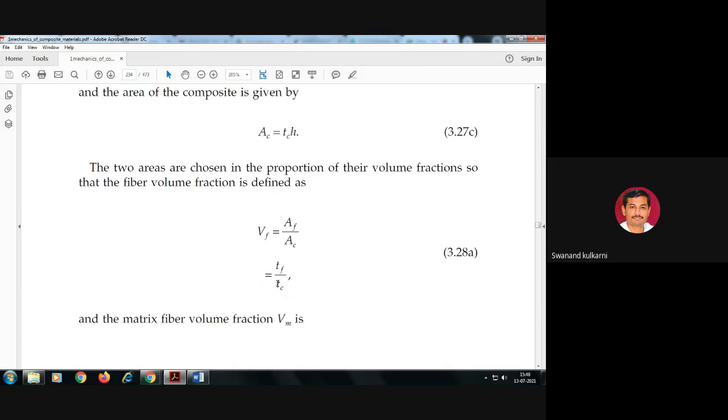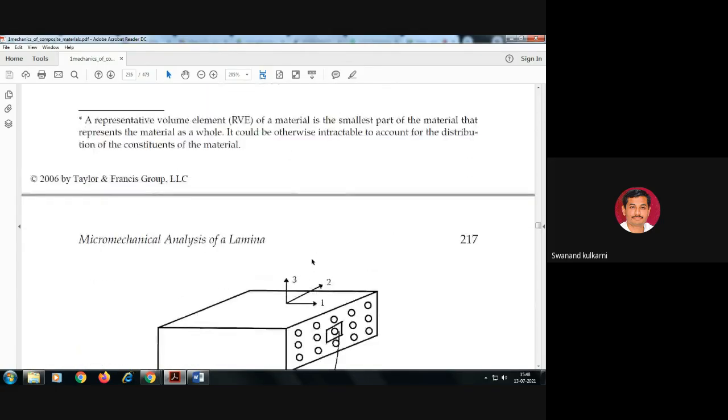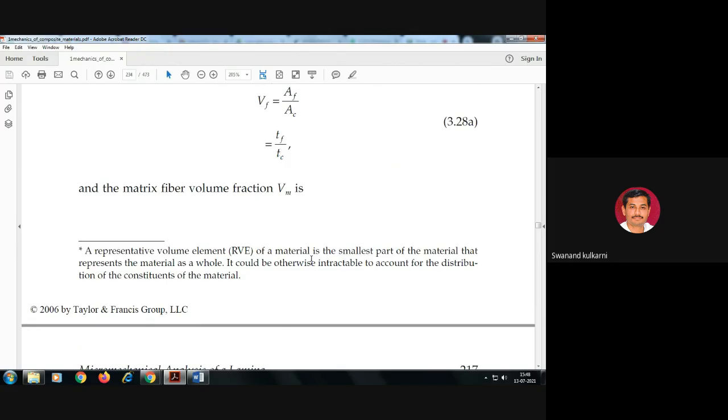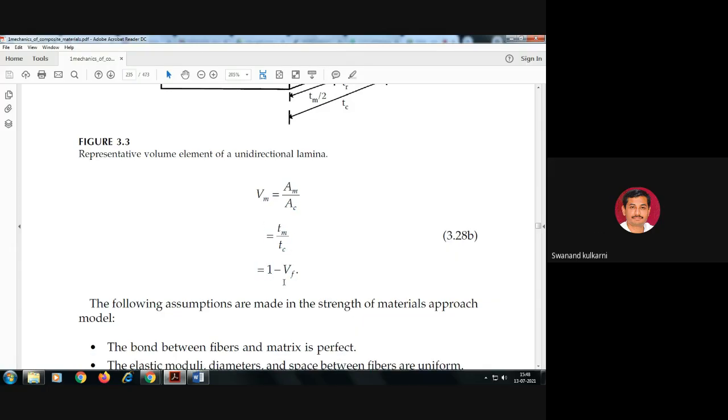So the volume fraction of fiber is the thickness of fiber to the thickness of composite. Similarly, the volume fraction of the matrix will be the remaining part, that means 1 minus Vf is equal to Vm. Using the same formula, Am upon Ac, Tm upon Tc, which is nothing but 1 minus Vf. So Vm is equal to 1 minus Vf.